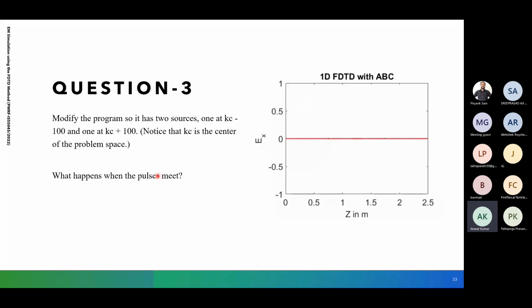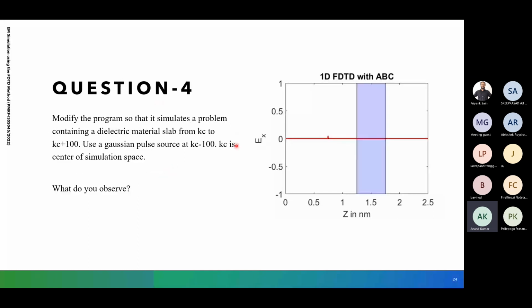For question 4, we were supposed to simulate a dielectric slab in the simulation region and see how the waves interacted. Using a Gaussian pulse, I've added a dielectric slab of relative permittivity equal to 4.